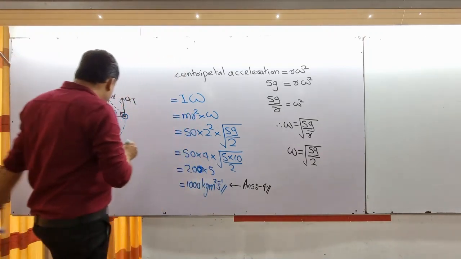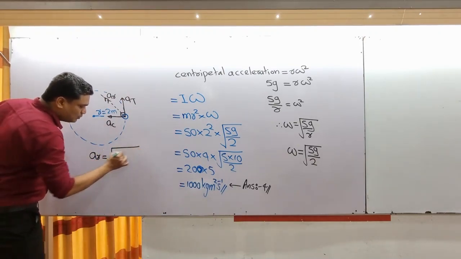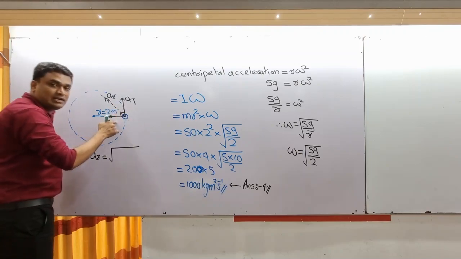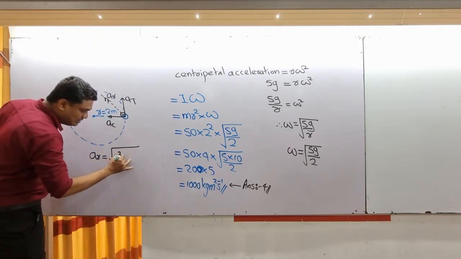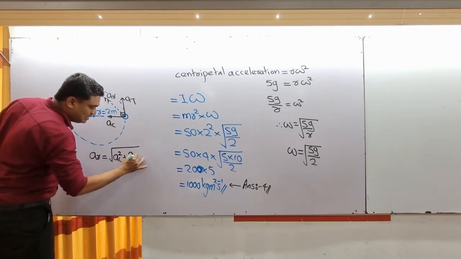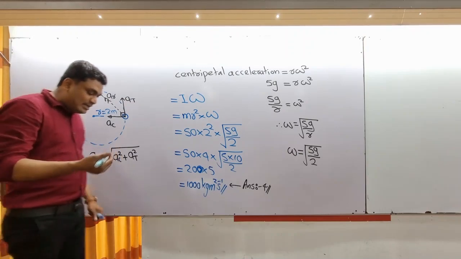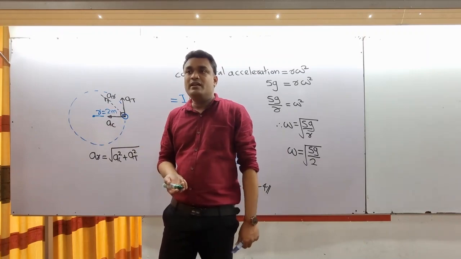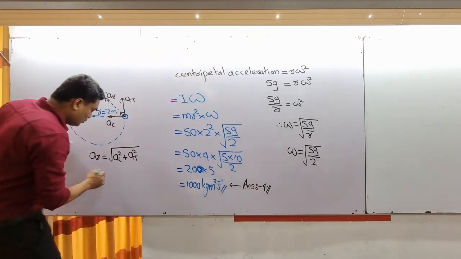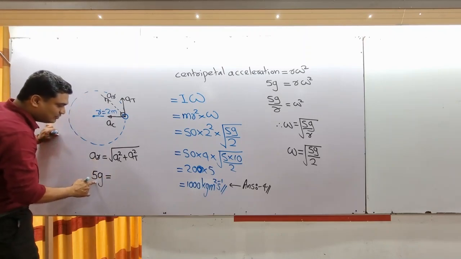When two vectors are perpendicular to each other, the resultant acceleration is the square root of AC square plus AT square. At the time when Harry gets unconscious, his resultant acceleration should be 5g.